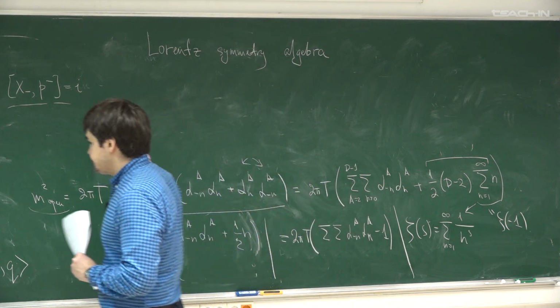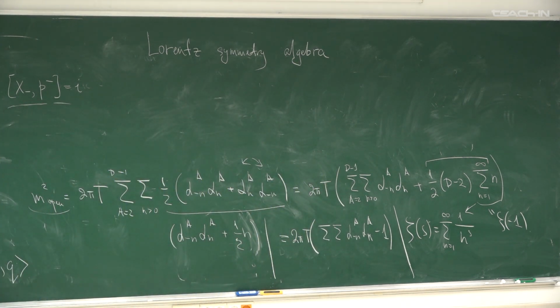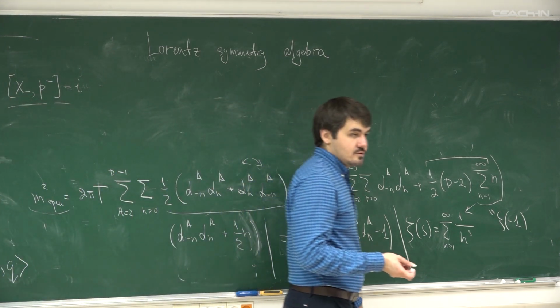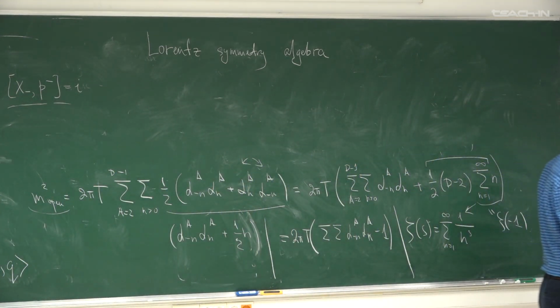Why is this question reasonable? Because we are doing it in light cone gauge, so we've broken part of the Lorentz symmetry, and we want to check that ultimately it's still there.